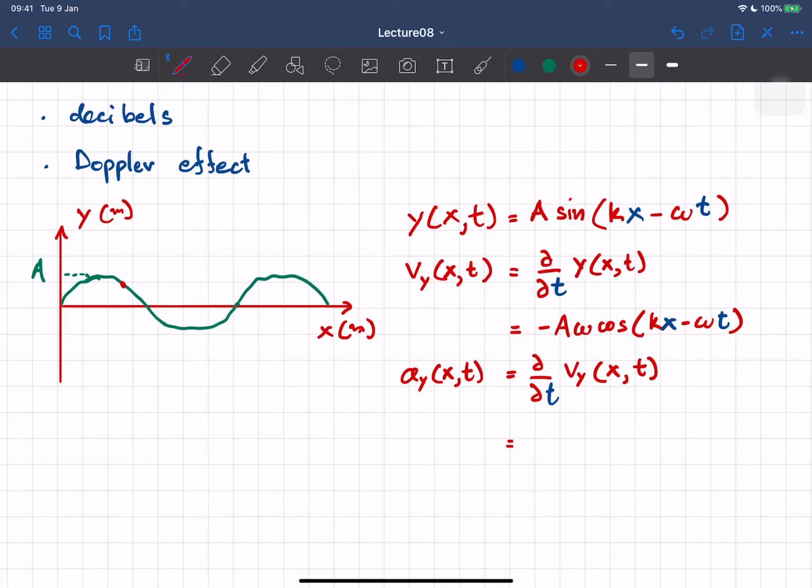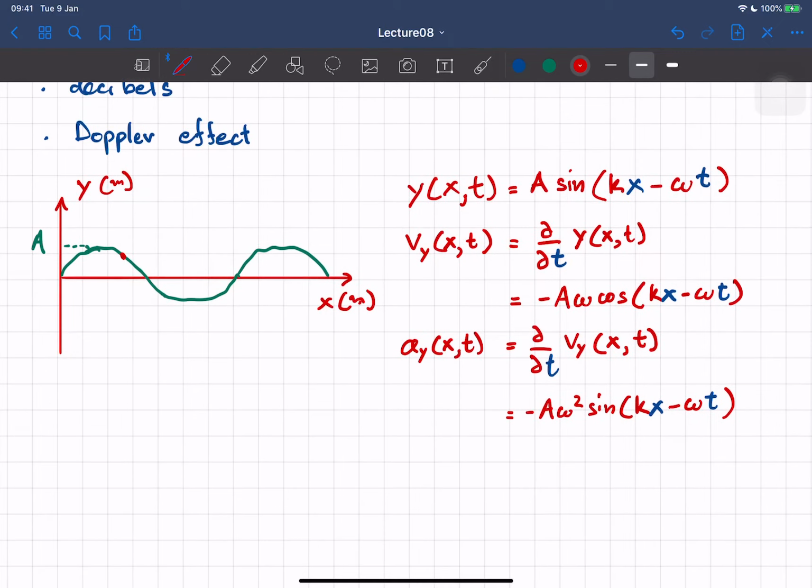So now you're gonna have minus a omega squared, but then cosine becomes sine of (kx minus omega t), right?